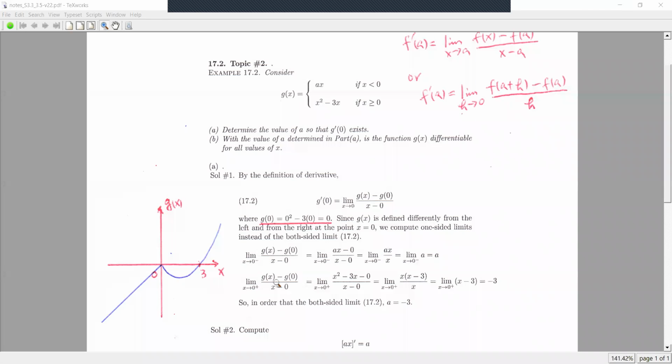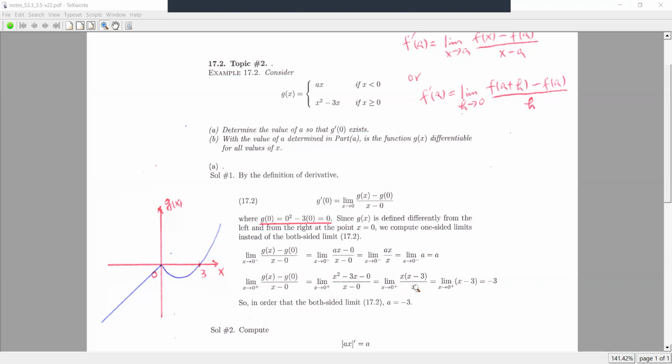Right-hand side limit. X approaches 0 from the right side. In this approaching process, x is greater than 0. When x is greater than 0, the function is this. So we have this equation. On the top, I factor x out, then we have this equation.